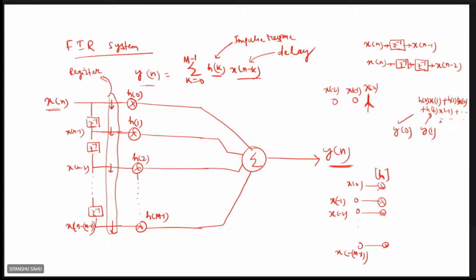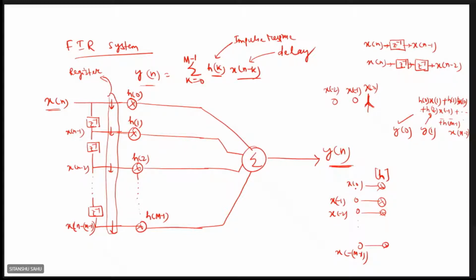Up to h of m minus 1 into x of 1 minus (m minus 1), that is x of minus m plus 2, right? Yes. Are you getting the idea? So in the second case, what is happening?